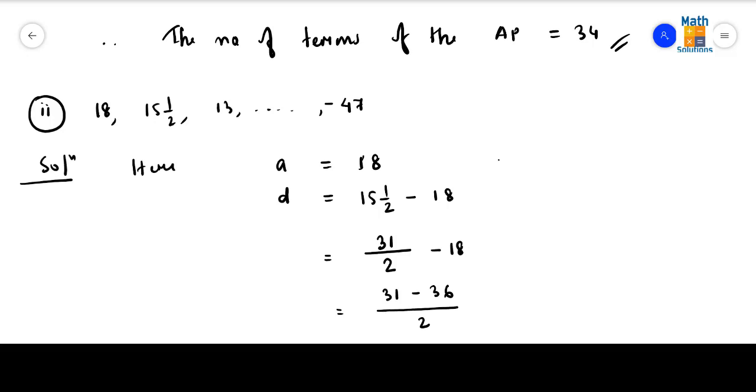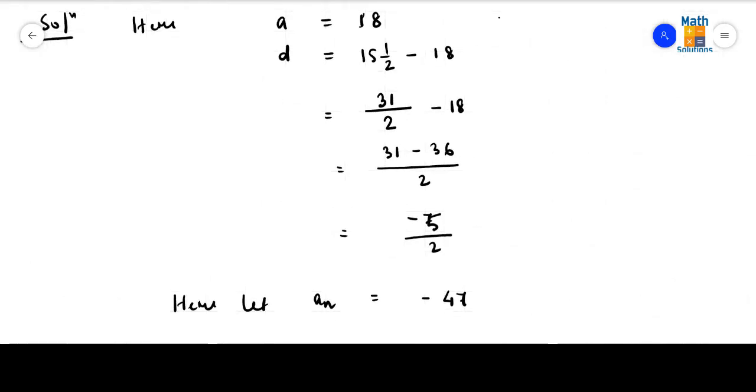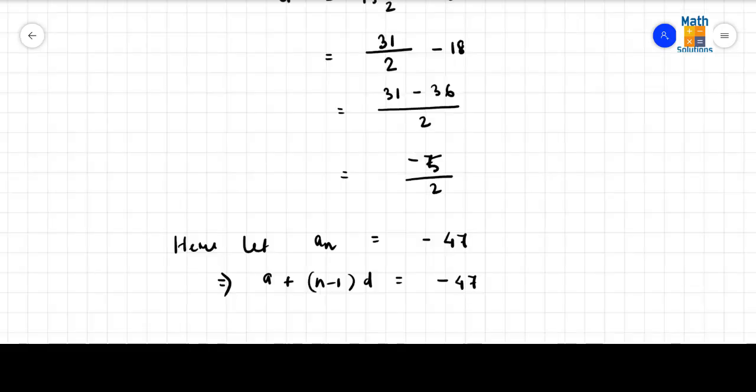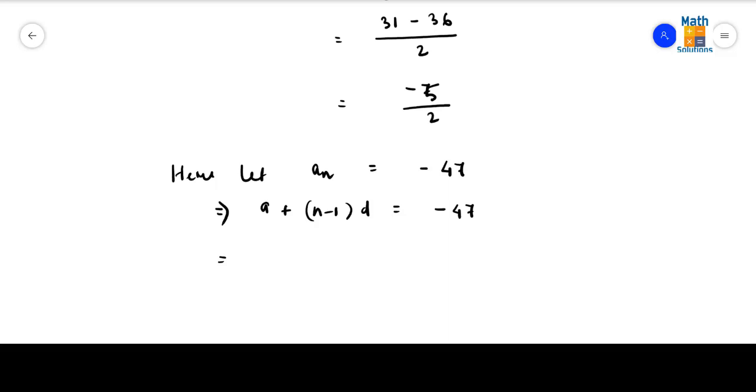So here I can put the general formula, a plus n minus 1 d, that is equal to minus 47. So in place of a, I can put 18. 18 plus n minus 1 d, with d as minus 5 by 2, that is equal to minus 47.